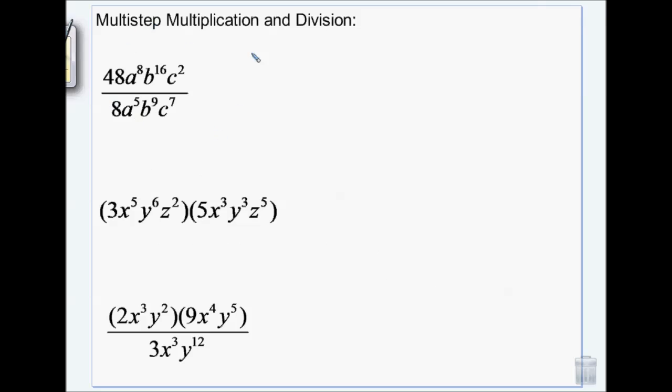When you have multi-step multiplication and division, I look at each part separately. Basically, essentially, what I do is I break it into parts. You don't have to rewrite it like this. I'm just showing you how I'm looking at it.